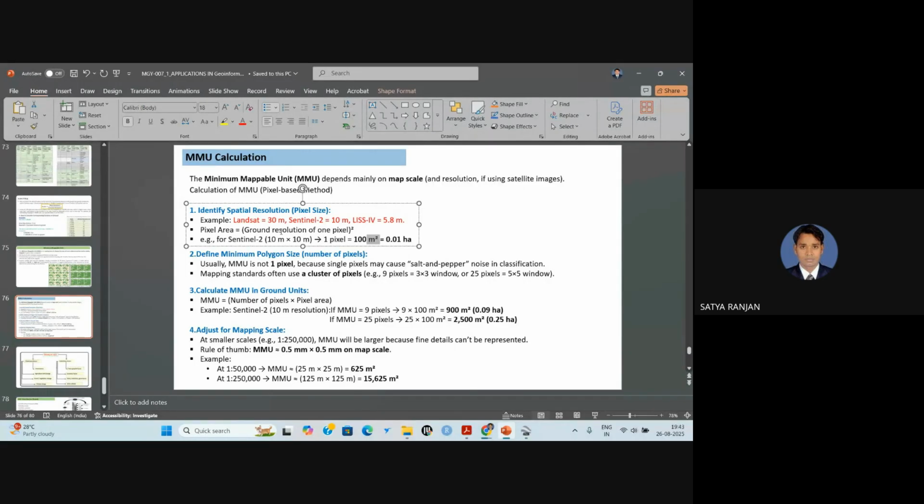Based on the satellite image resolution, if there is high resolution data, then the mappable unit decreases. And if it is low resolution data, then the mappable unit increases because we cannot see these features in the low resolution data. Generally we can use the 9 pixel format or 25 pixel format.